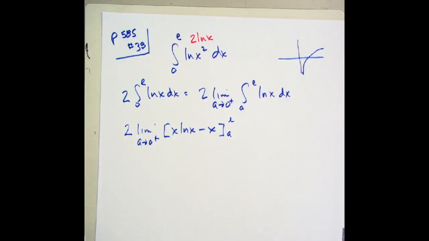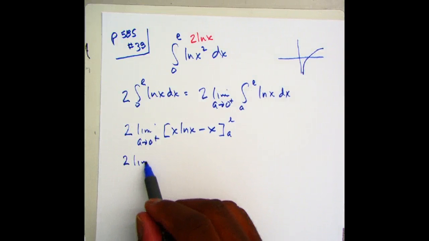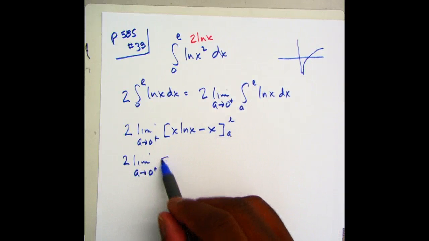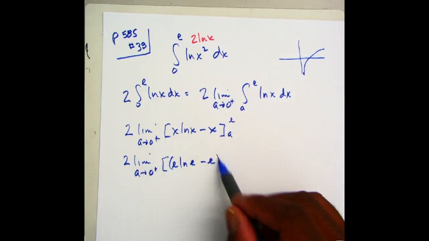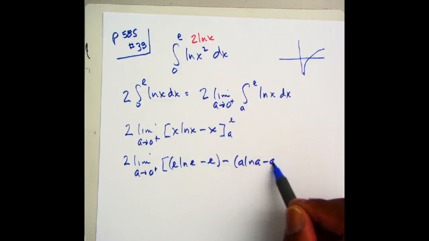So when we plug our values in, that's 2 times the limit as a goes to 0 from the right. So that's e natural log of e minus e, minus a ln a minus a.